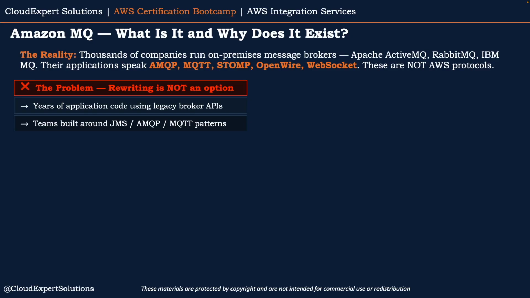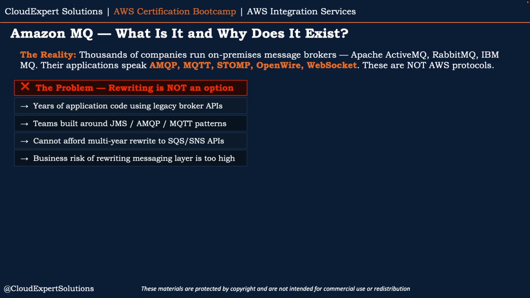And if this company wants to use SQS, they have to rewrite every single application that sends or receives messages. That's a multi-year, multi-million dollar rewrite with enormous risk. Most enterprise companies simply won't do this.